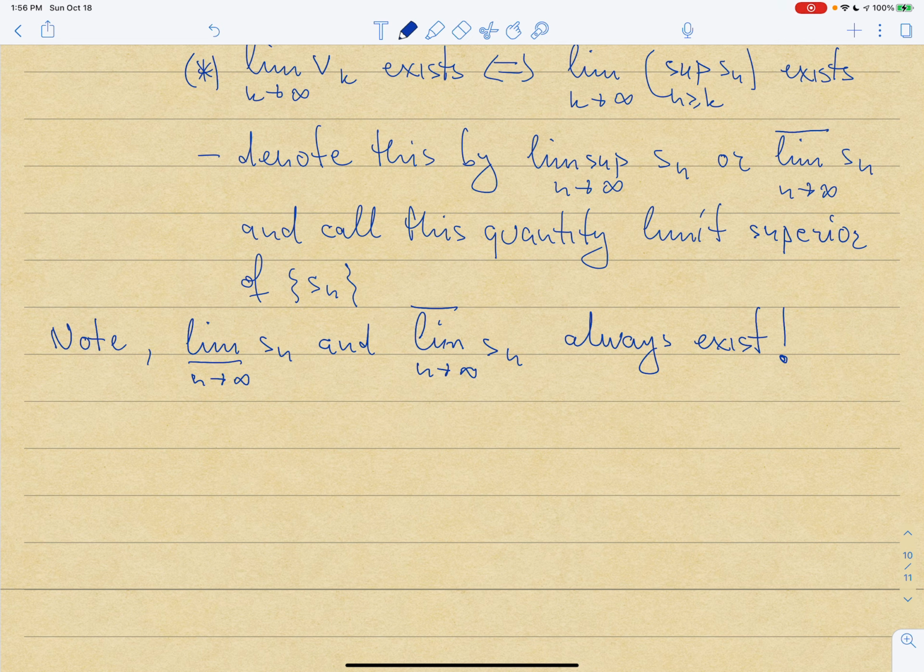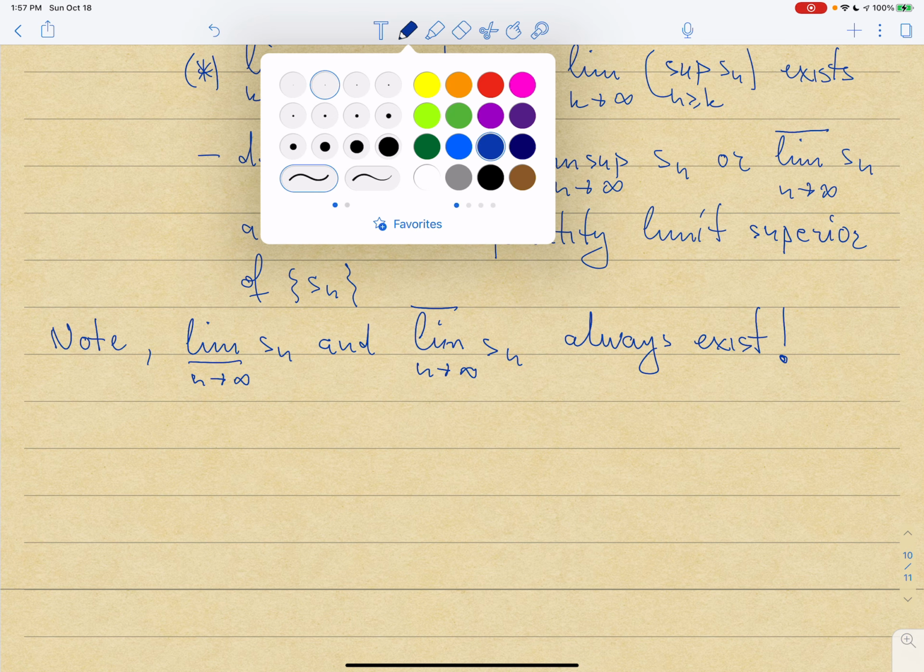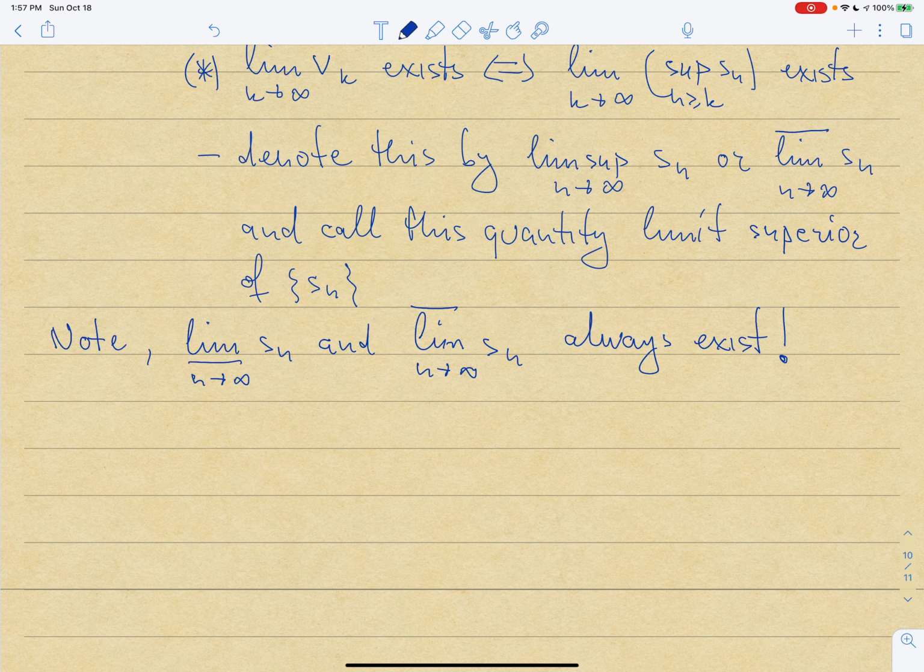All right, so then one more fact here. Let's start from liminf. Liminf n goes to infinity of Sn to lim sup n goes to infinity of Sn.